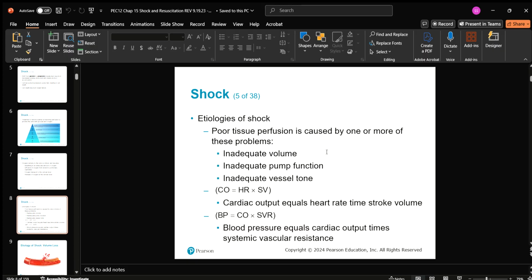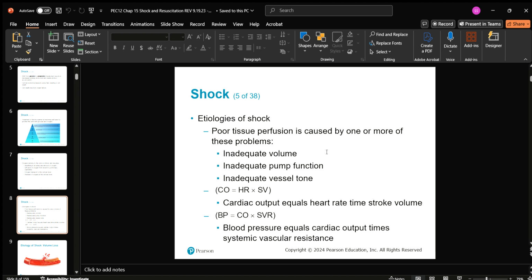All right, we're going to talk about three different things here, and it gets complicated because they all interrelate. When we talk about the etiologies of shock, we're talking about the big picture: why does shock happen? It happens because there's a problem with one of three things.